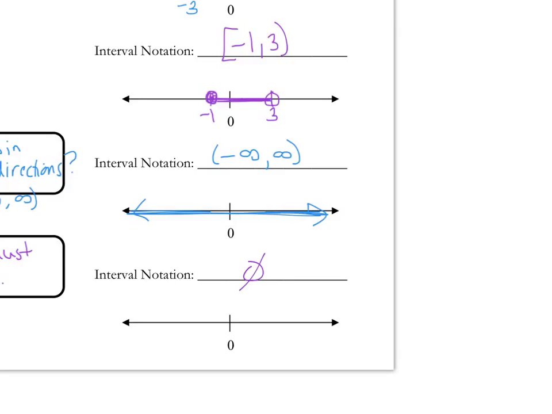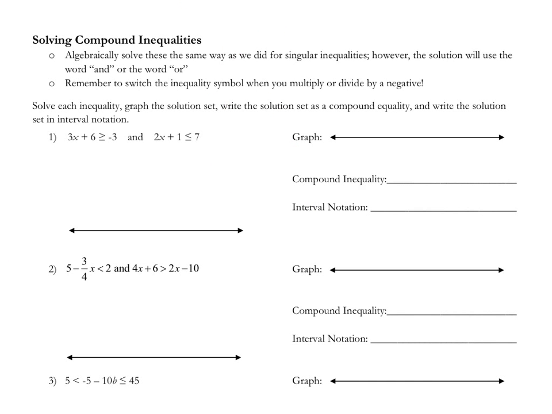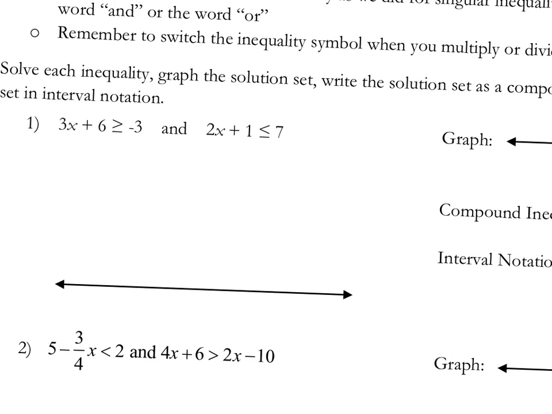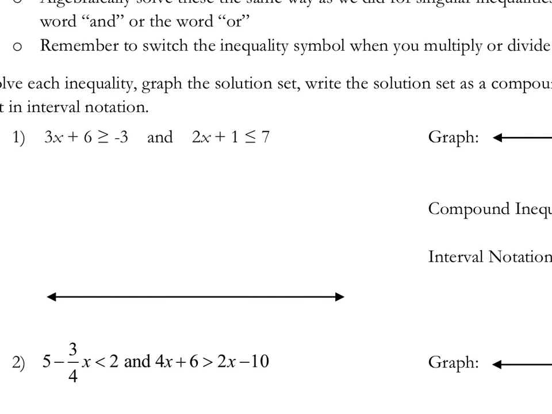All right, so that is just an overview of some cases. Let's go ahead and put some problems together. Notice that this is an "and" compound inequality, which means they have to cross.